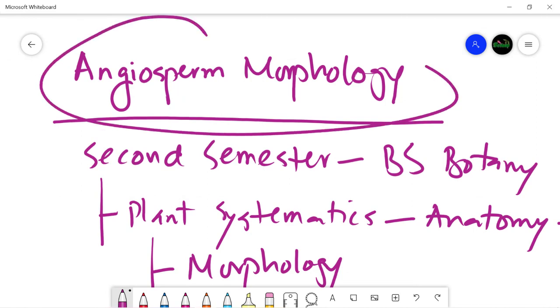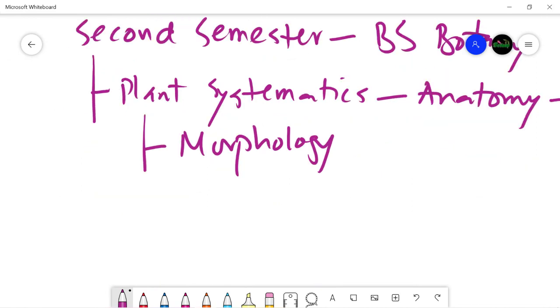We have angiosperm morphology. Inside plant systematics we have various other topics related specifically to systematics, and one of them is the morphology. In this particular course we are going to discuss the morphology of an angiosperm plant. Now, what is morphology?